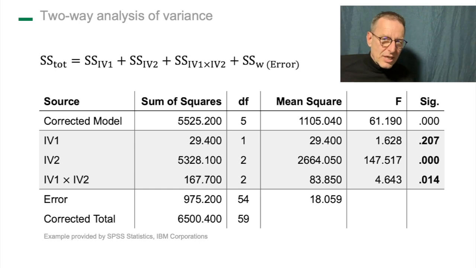But you might reject the null hypothesis that there is no effect of independent variable 1. So this is a typical output. I wanted to add this part of MANOVA to this entire chapter of analysis of variance.